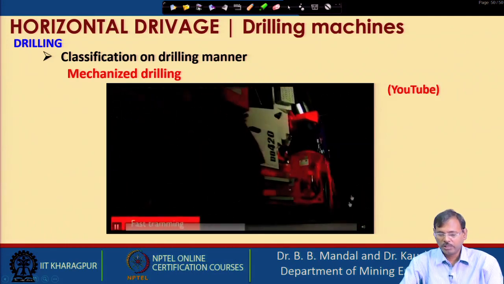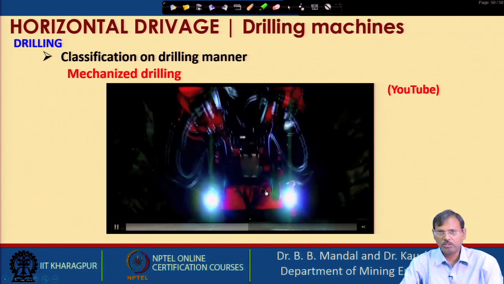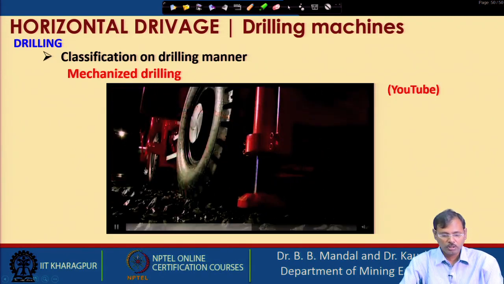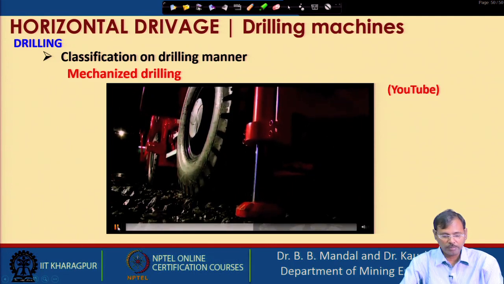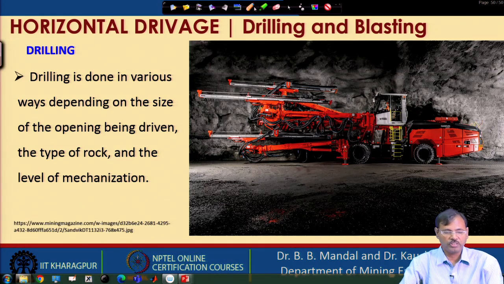The movement is often diesel operated also. This is tire mounted, but during drilling it stands on the skids. So, this is in general the mechanized drilling. This mechanized drilling gives very accurate drilling. When the drive size is very high, you can see this is a 3 boom jumbo.